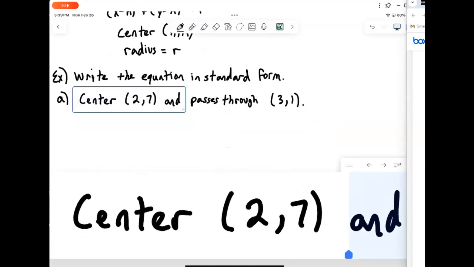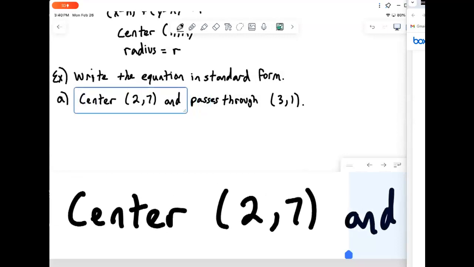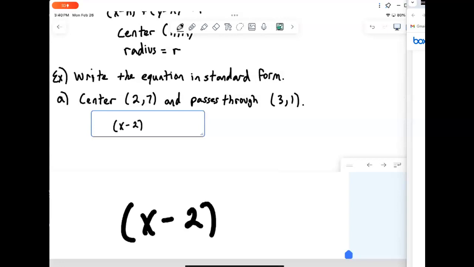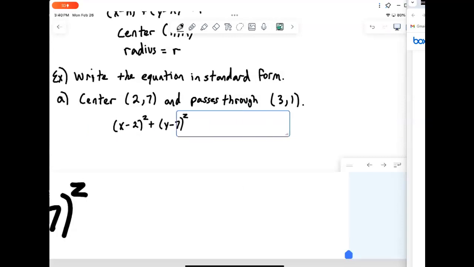Just like our problems before where we knew the slope of the line, and we used the slope along with the point, with these problems with the equation of the circle, if we know the center, let's go ahead and plug that in. So x minus 2 quantity squared plus y minus 7 quantity squared equals r squared.